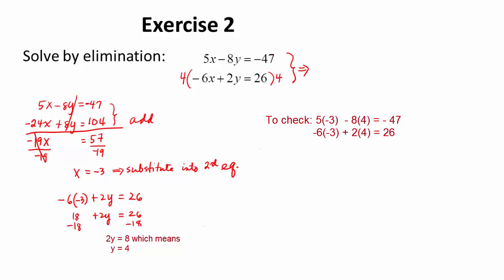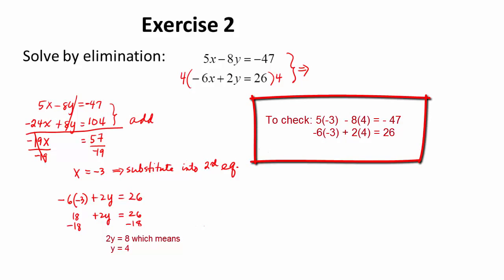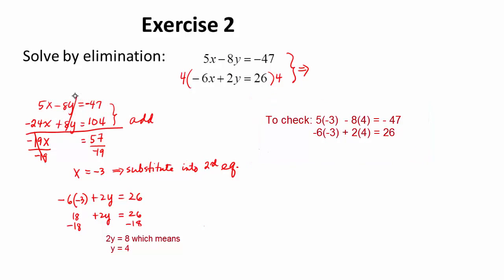So the next thing we do is to check. If we plug in x equal to negative 3 and y equal to 4 into these two equations, it should satisfy both equations. The left side should equal the right side. So basically what we did, we just used elimination to eliminate the variable y, and then we substituted into one of the equations to solve for y.